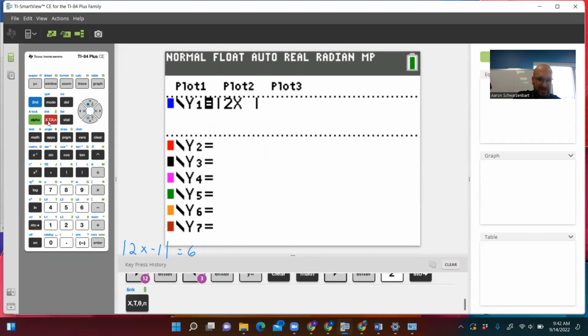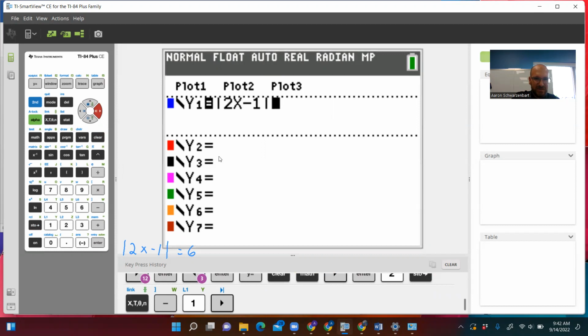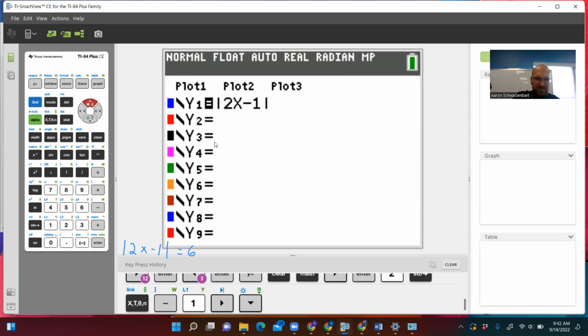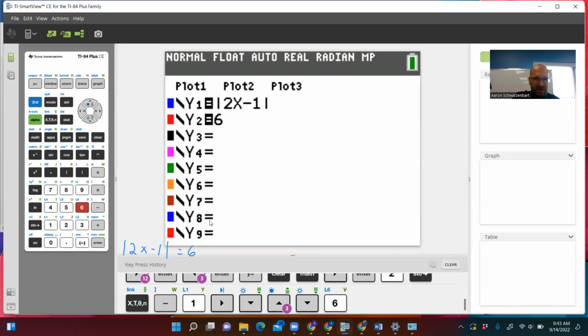I need to use the X key, not type X. And I'll use the arrow to get out. Okay, so using the left, right arrows to get it out. Now my left side of my equation is in. My right side, I want to put it in y2. I don't know why it jumped down to y4 there, but I just want to put into y2, 6.